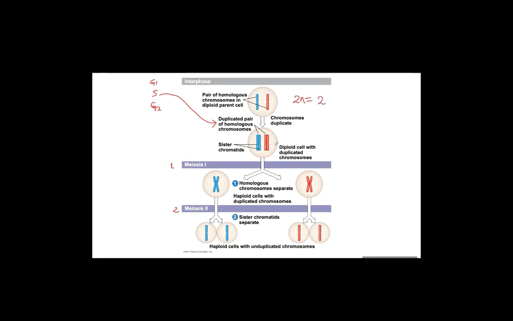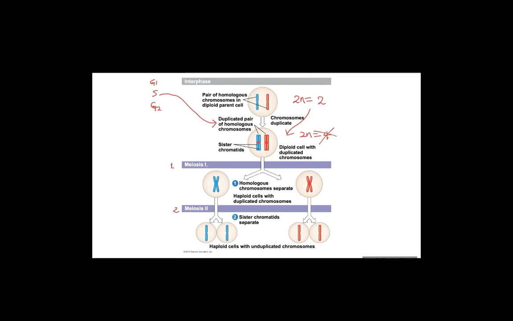And then in this cell, if you write down 2n equals 4, is this correct or wrong? This is wrong. Still 2n equals 2. Why? Here the centromere just binds the sister chromatids. So there are two chromosomes inside the cell.